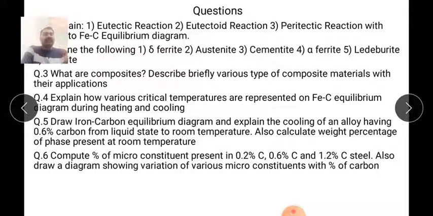At 727, at the point where that line intersects, with the help of that point we calculate the amount of alpha ferrite and the amount of cementite present in that material, the steel containing 0.8% carbon.